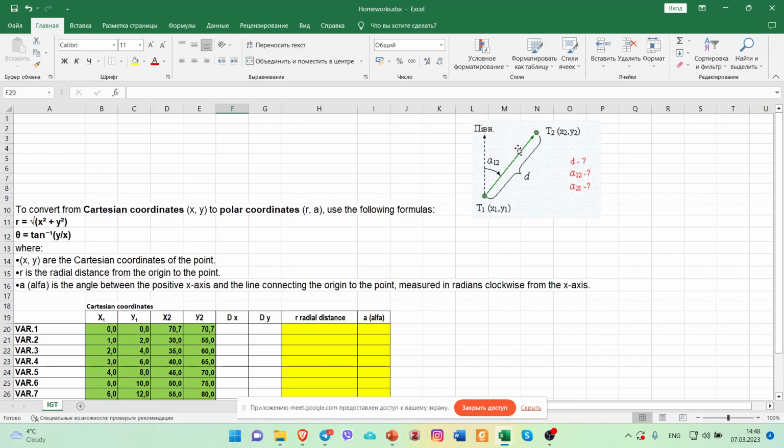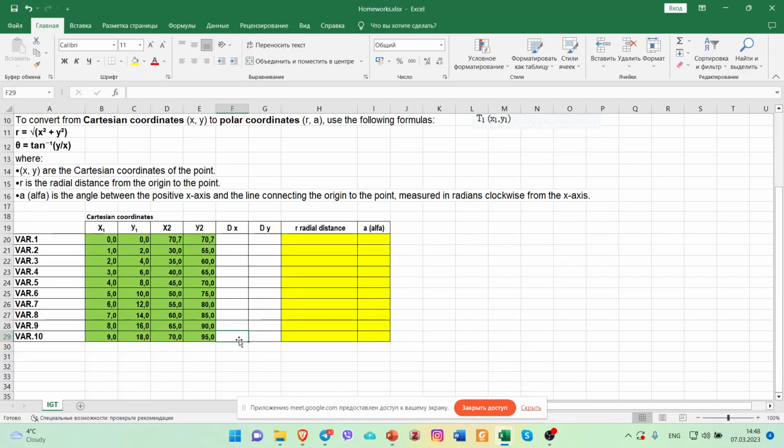difference between x2 coordinate and x1 coordinate. We type down x2 coordinate minus x1 coordinate is 61 meters.